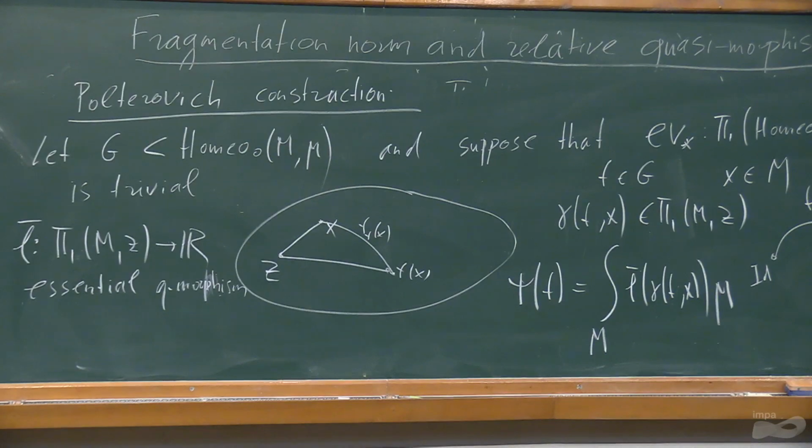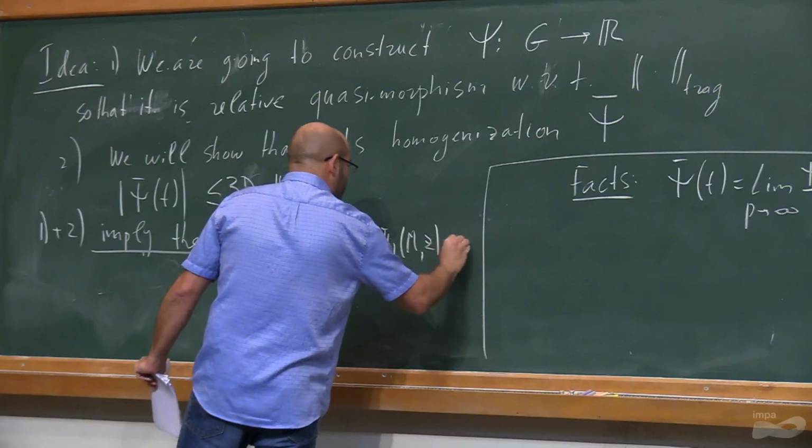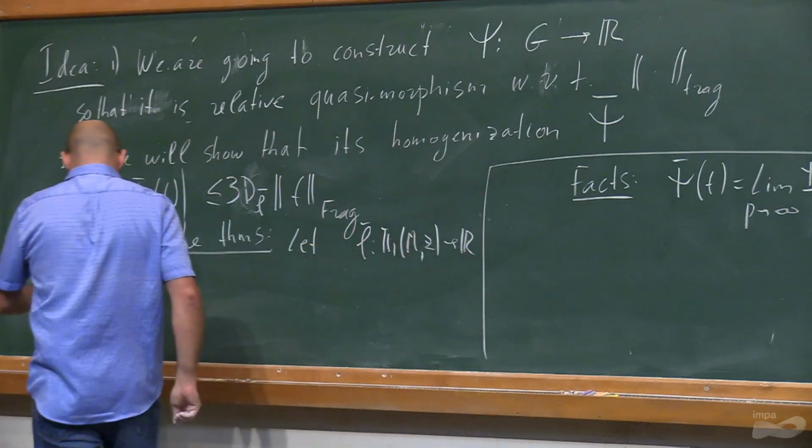And maybe now I have 3 more minutes. Using these 2 propositions, I will finish the proof of the theorem right here. Okay? So let, again, psi bar from pi1 M to the reals be as above.